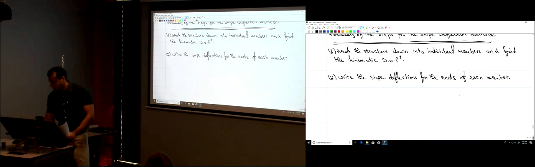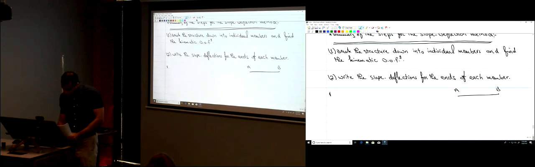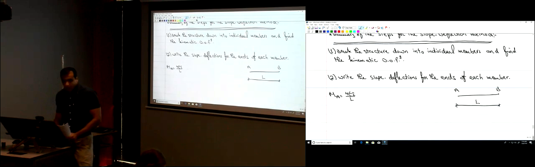Let's say you have a member AB like this, so you write MA. This is the slope deflection equation again. It's 4EI divided by L, where L is the length of that member, and EI is the modulus of elasticity multiplied by the moment of inertia of that member AB, multiplied by theta A.